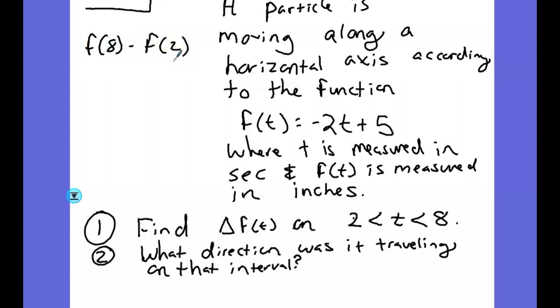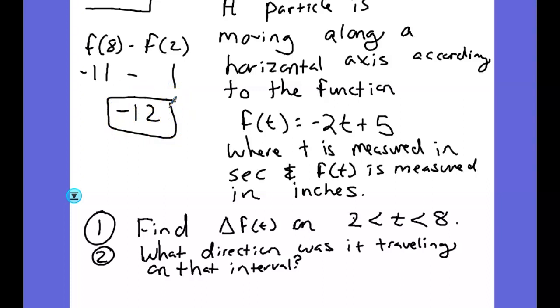What did you get for f of 8? You didn't do it? Is it negative 11? Yes. And did you do f of 2? So that's the answer to A.